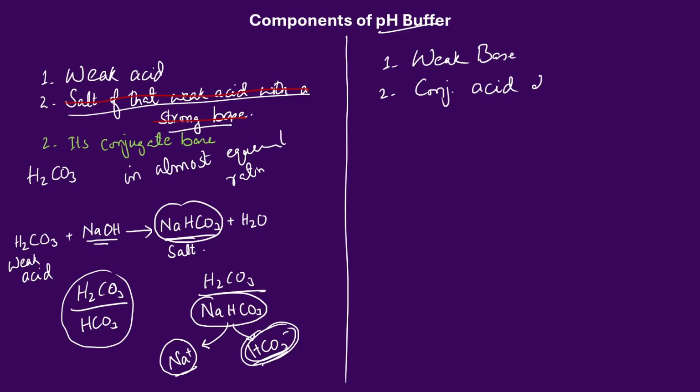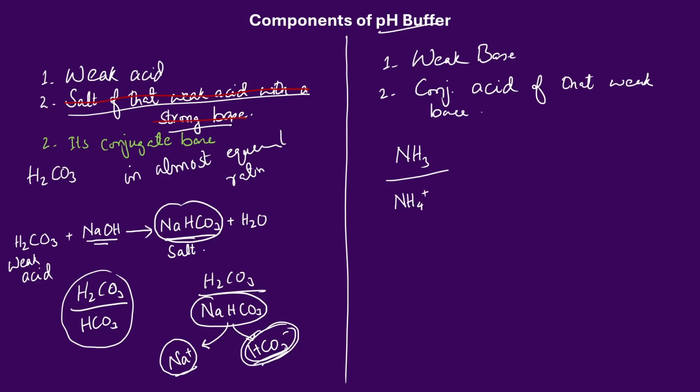The only example that I know of in our body is the ammonia buffer. The ammonia buffer consists of NH3, which is a weak base, along with its conjugate acid, NH4 positive.